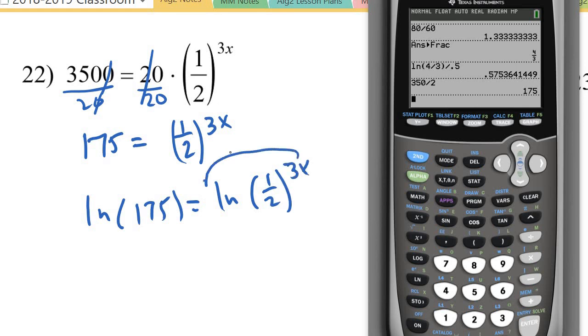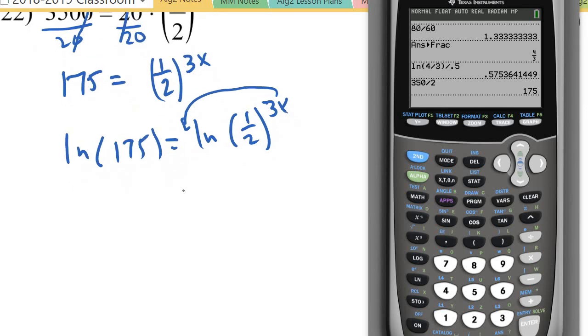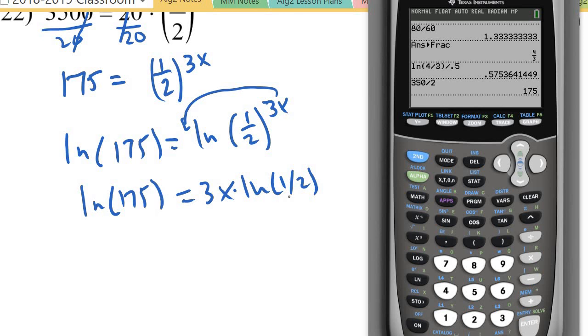This 3x is going to come to the front. Just the same process. So 3x times ln 1/2, and this is ln 175. Now we can divide both sides by ln 1/2, because we don't know it.